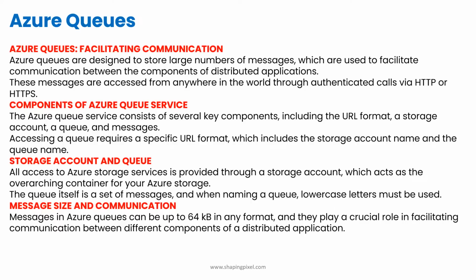The queue itself is a set of messages, and when naming a queue, lowercase letters must be used. Messages in Azure Queue can be up to 64 KB in any format, and they play a crucial role in facilitating communication between different components of a distributed application.